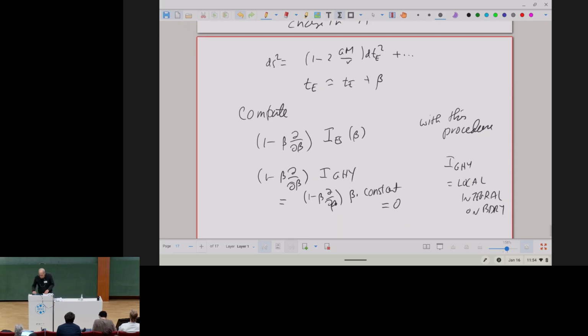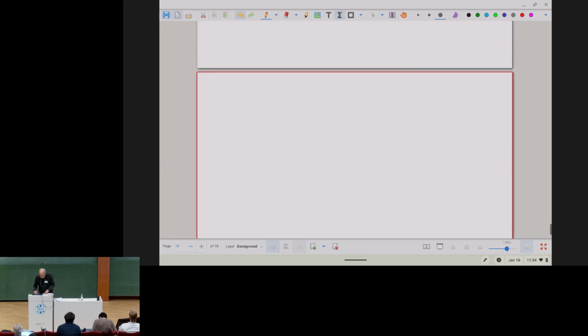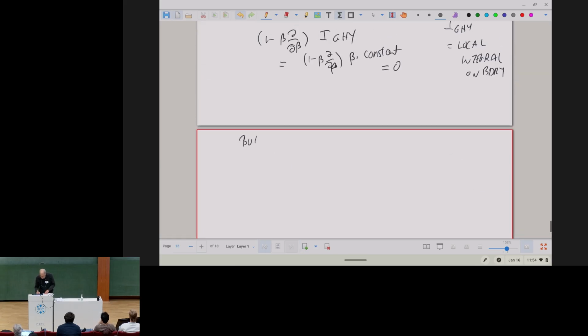Now we could worry about the bulk Einstein-Hilbert action away from the horizon. Well, it's 0 because the scalar curvature is 0. But suppose we were doing something more complicated like Einstein-Maxwell. Then the bulk action would not be 0. But it would be a local integral, so it would be proportional to beta when we change beta. Literally, for Einstein theory with 0 cosmological constant, it's 0.